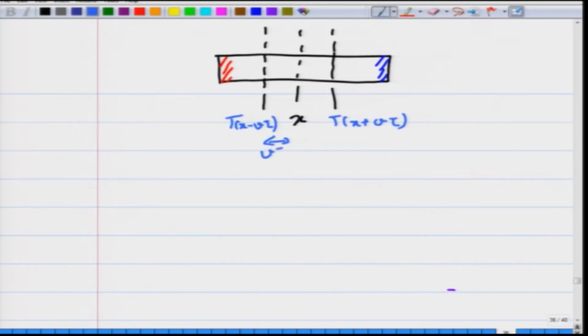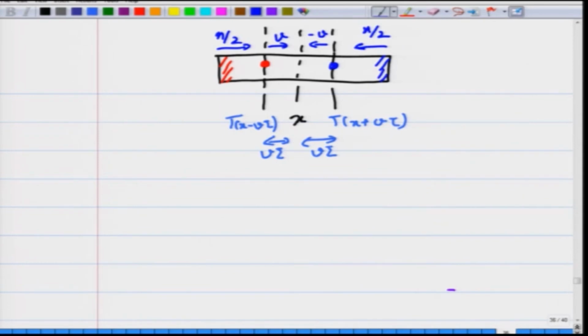These distances are of the order of the mean free path. The electron coming from the hot end side moves with a velocity v, and the electron coming from the cold end side moves with a velocity minus v. n by 2 is the density of electrons moving from the hot end to the cold end, and n by 2 is the density of electrons moving from the cold end to the hot end.